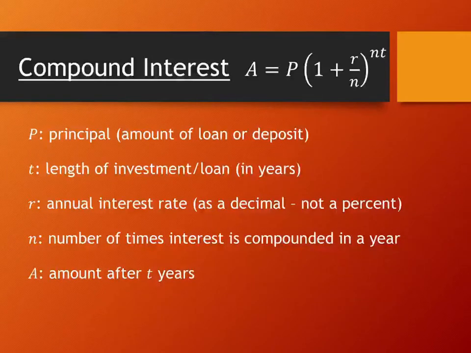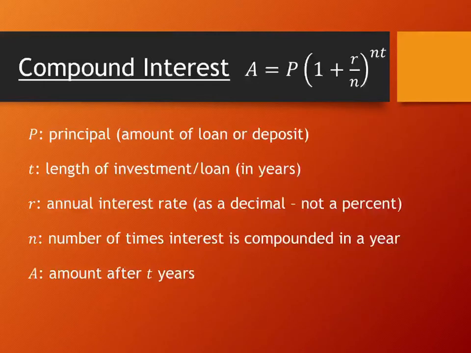N is the number of times your interest is compounded in a year. So there are some common ones that you've heard. If it's annually, it means one time a year. If you hear biannually, it means 2 times a year. If you hear quarterly, quarter like 4 quarters in a dollar, means 4 times a year.